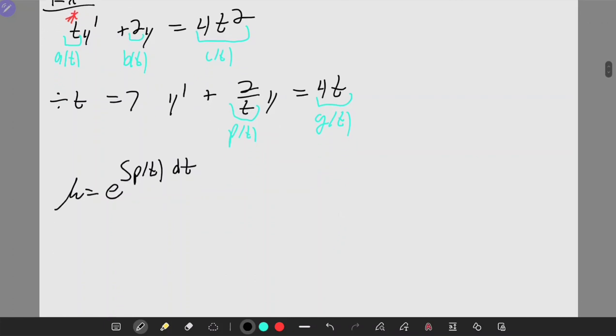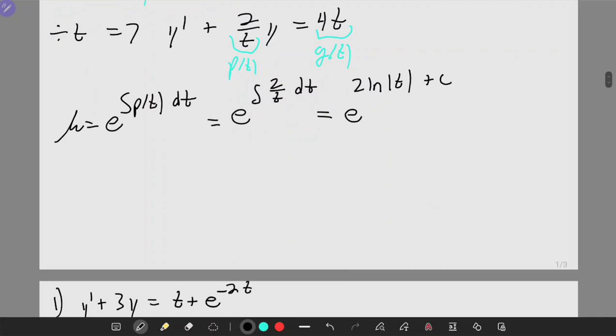So now we plug in for p of t, e to the integral 2 over t dt. Okay, so if we integrate this, we have e to the 2 times the natural log, absolute value t, plus our constant of integration. Right, we all learned this in previous calc classes.